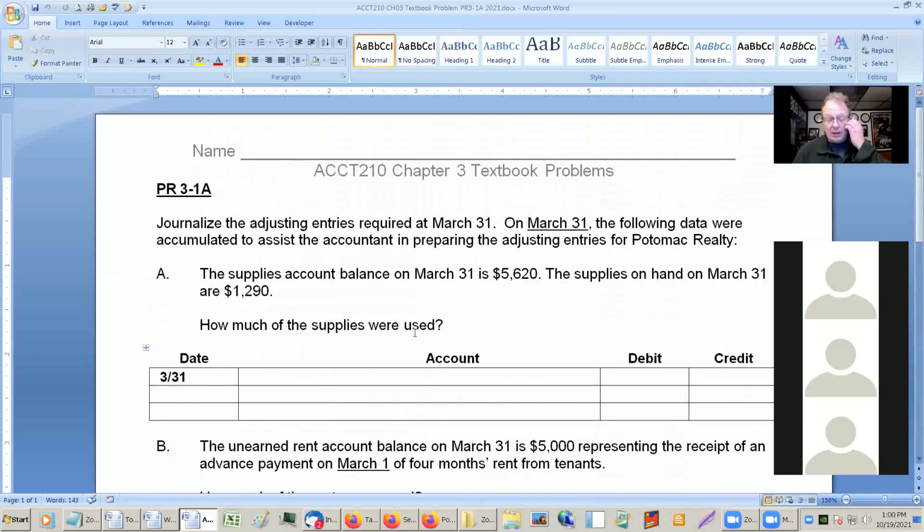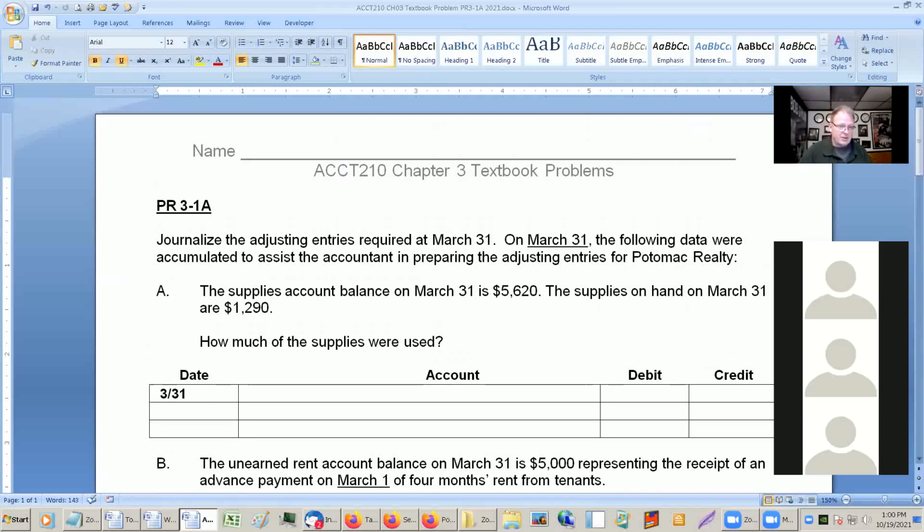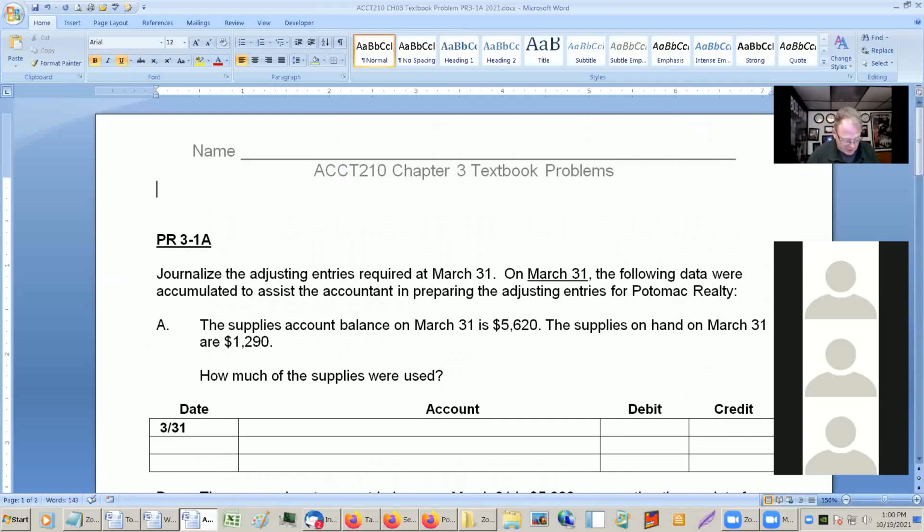Now, let me go over the rules again for adjusting entries.